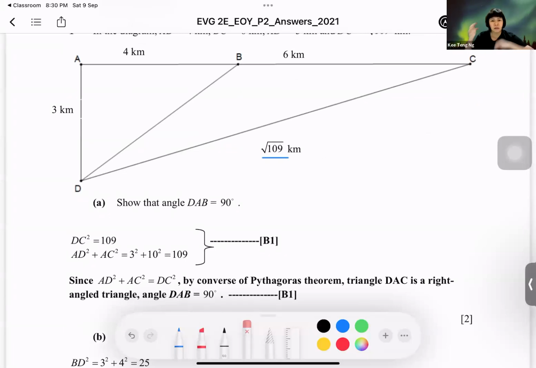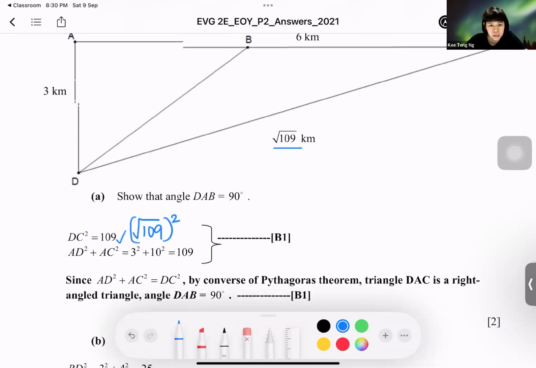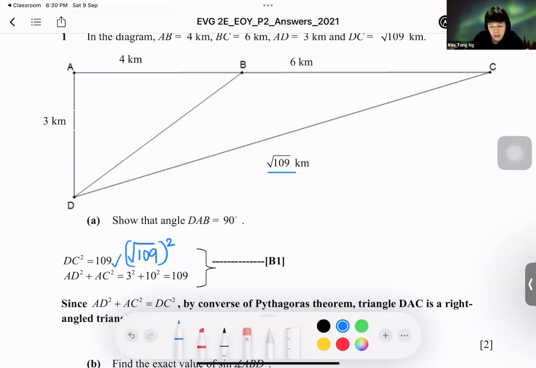So let's start with the longest side, DC. The longest side DC is square root of 109. So DC squared gives me square root 109, the whole thing squared, which equals 109 itself. Then we take the other two sides, 3 squared plus AC squared.